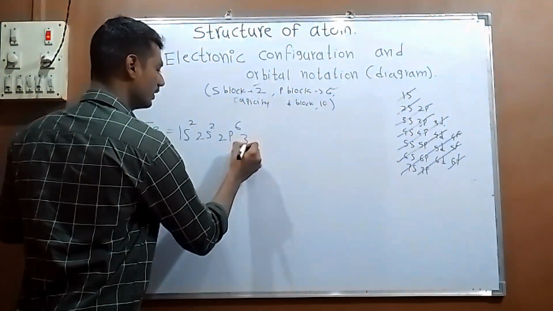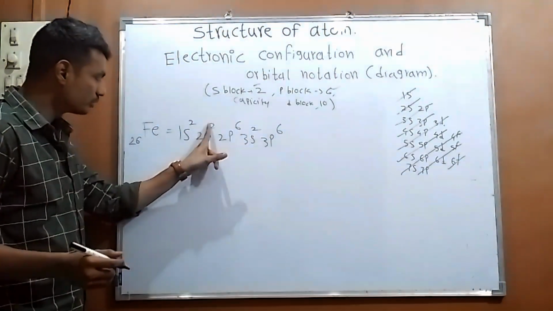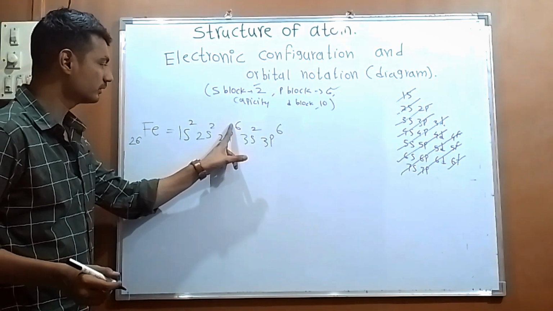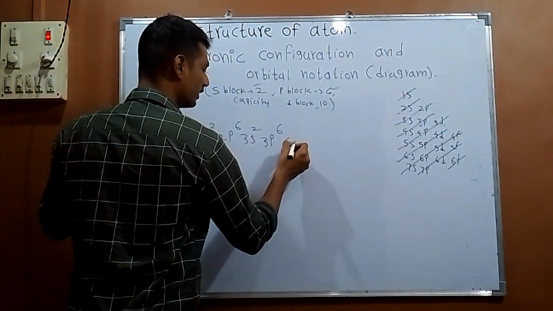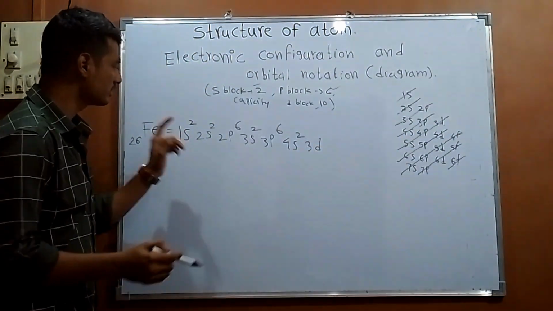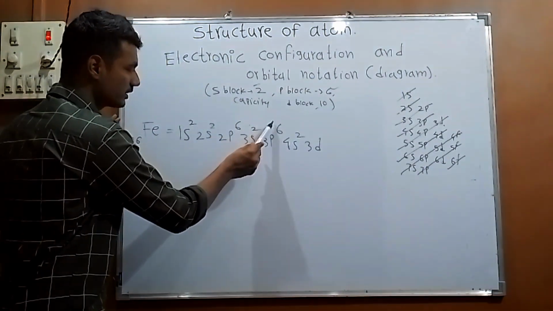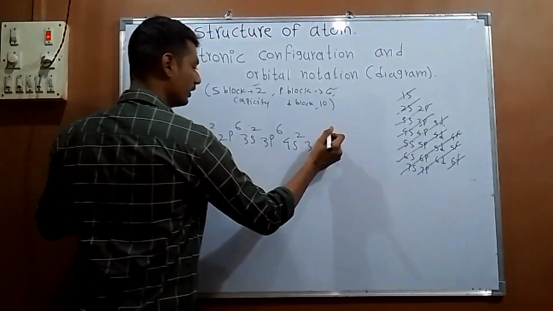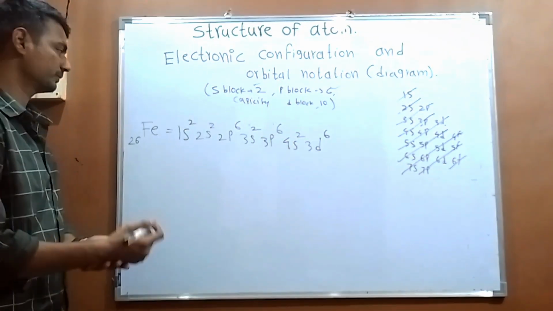After 2p, 3s2, 3p6: 10 plus 2 is 12, 12 plus 6 is 18. After 3p comes 4s2: 18 plus 2 is 20, and now 3d. You have to complete the number 26. 20 plus 6 is 26. So this is done.